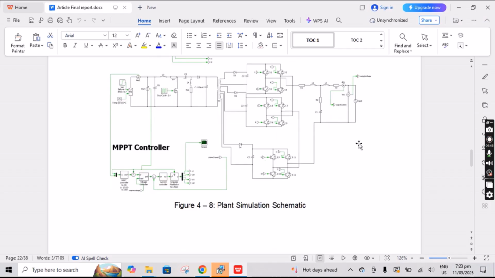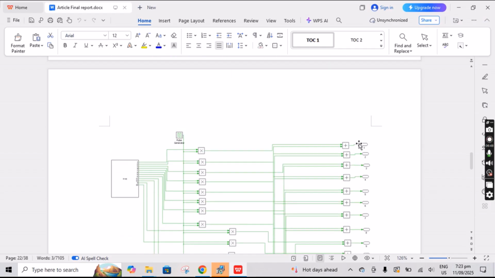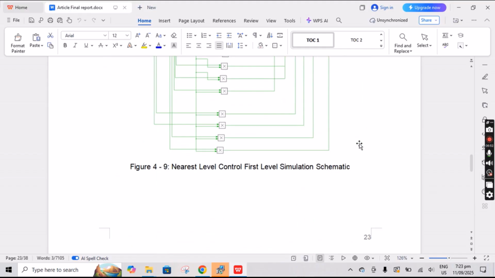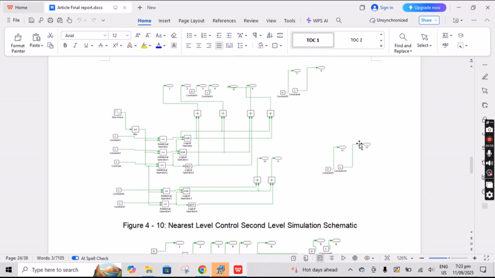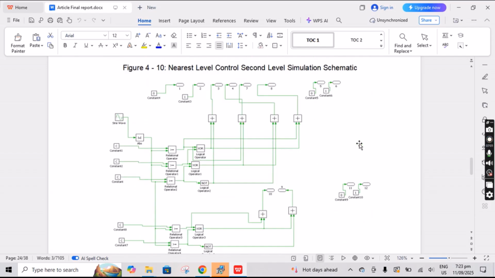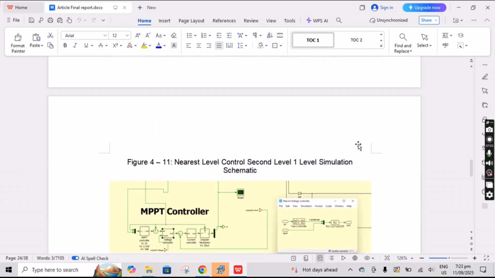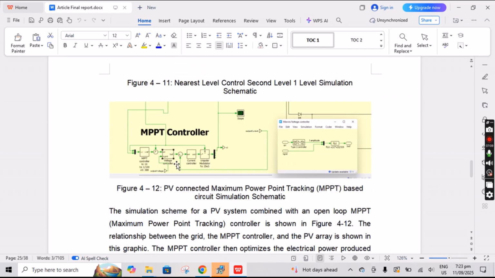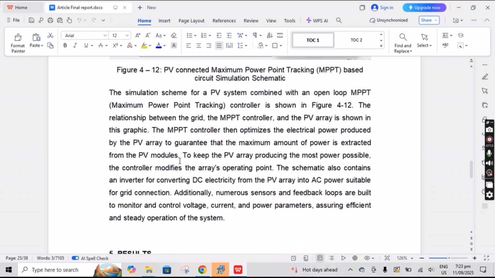This is the complete simulation for the positive and negative levels of the control. This is the nearest level control second-level simulation schematic, this is the nearest level control for level 1 simulations, and this is the PV-connected maximum power point tracking based circuit simulation.